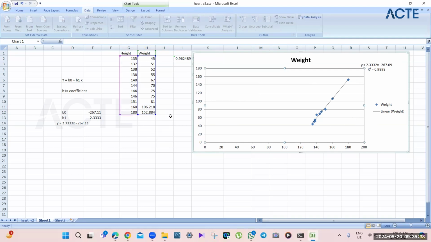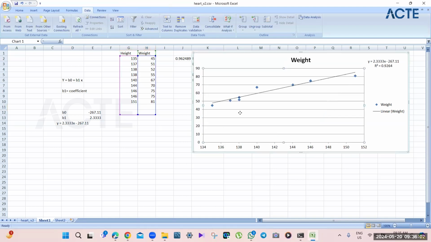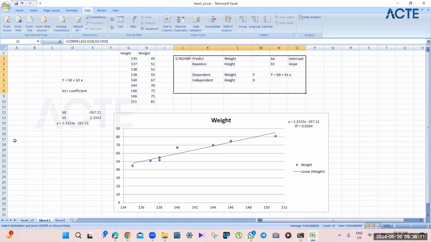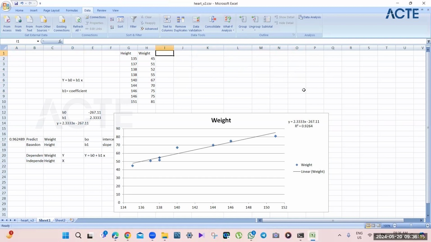And we can predict their outcomes. The important thing here is, that is fine, but how do we ensure this is giving me the right results or not? That means checking if errors are coming, and how much error we are getting. For that, we have to do something more here. This is my weight, this is my actual weight.